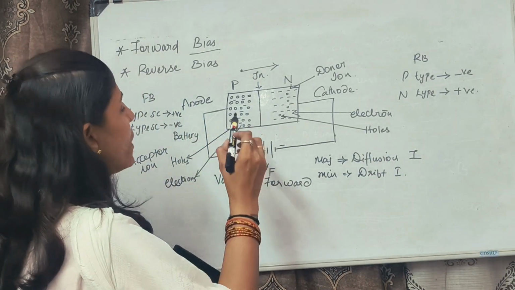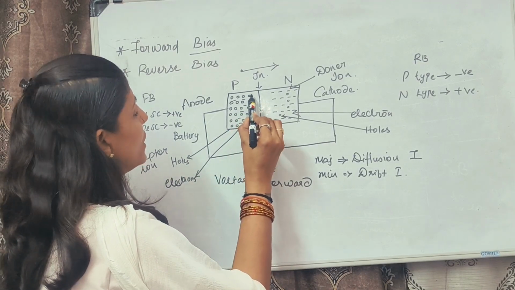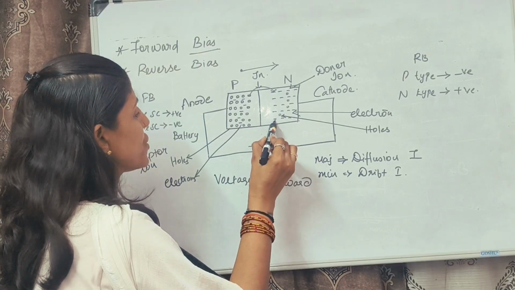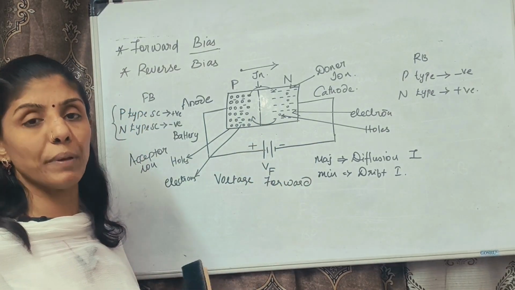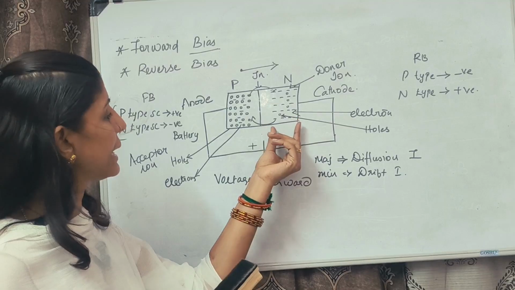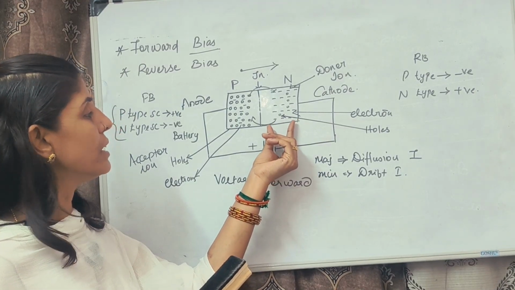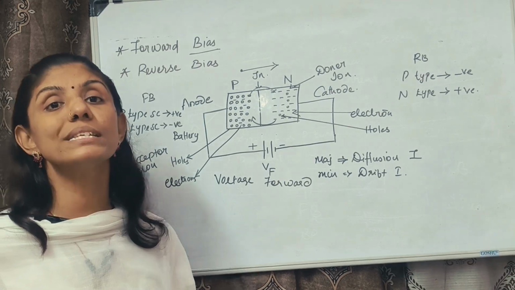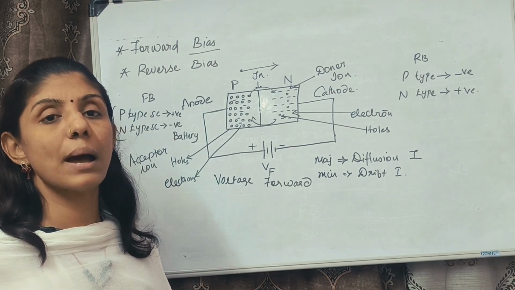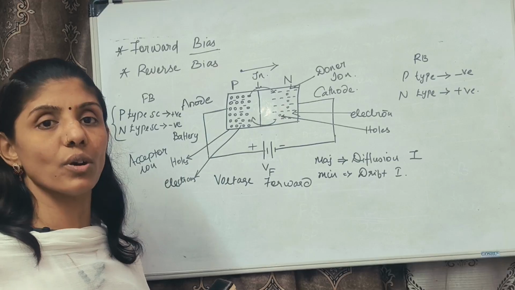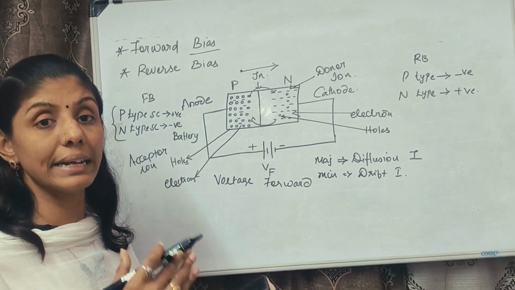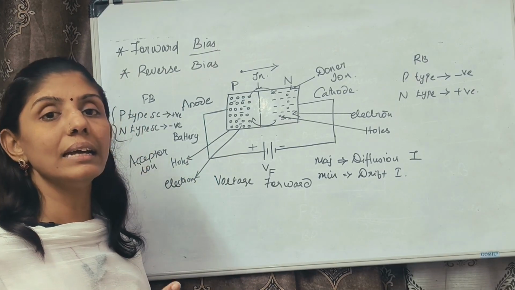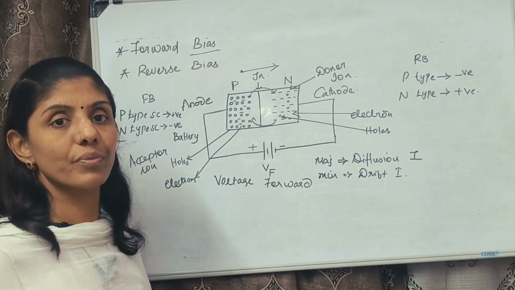Okay, now see, the holes are moving from the p region to the n region and the electrons are moving from the n region to the p region. So remember, here electrons are moving from this region to the next region, which means it is losing the electrons.